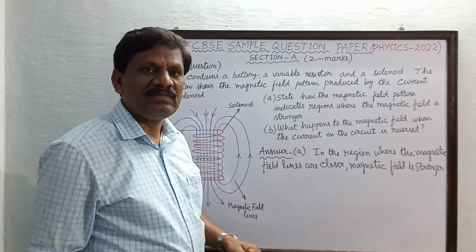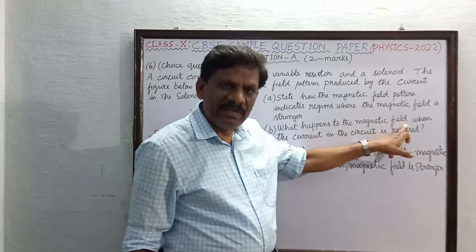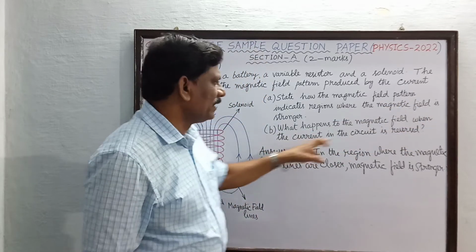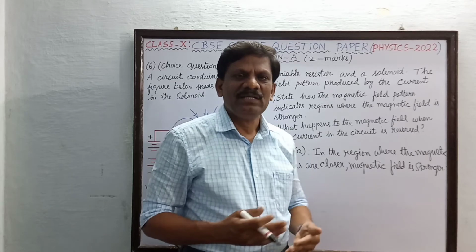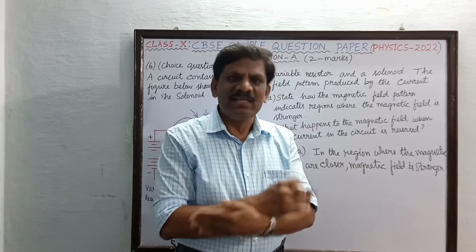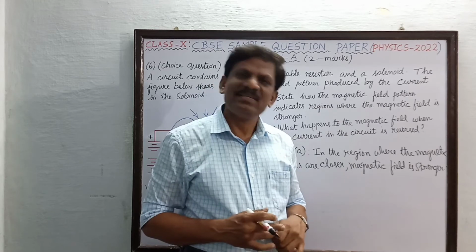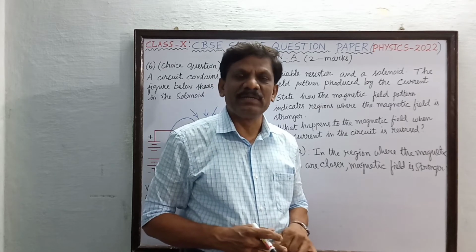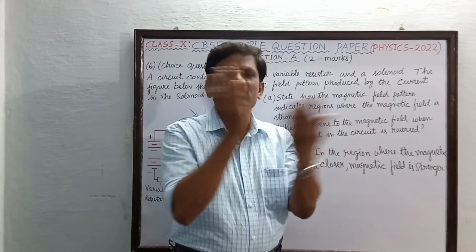What is the second part of this question? What happens to the magnetic field when the current in the circuit is reversed? Reversed means what? The battery terminals are interchanged. Plus becomes minus, minus becomes plus. Is it not? So what is going to happen? The poles of the solenoid will change.